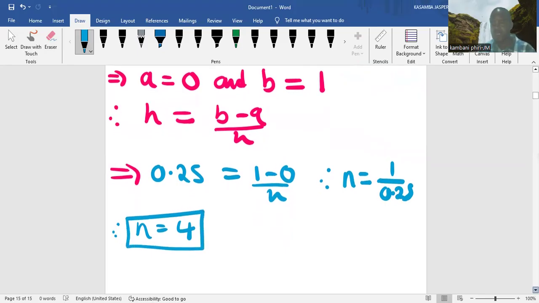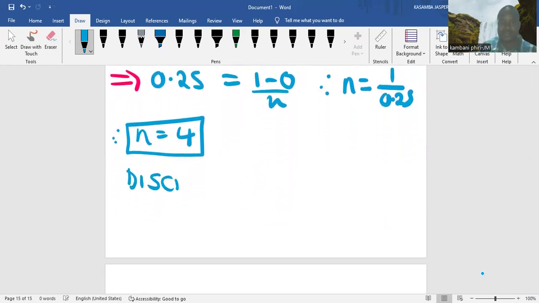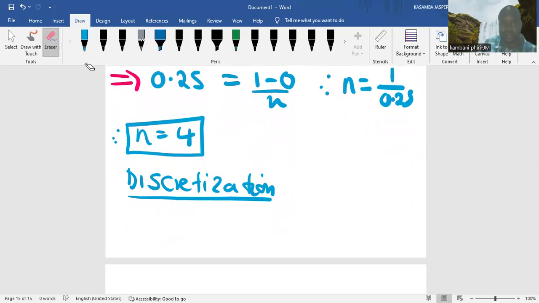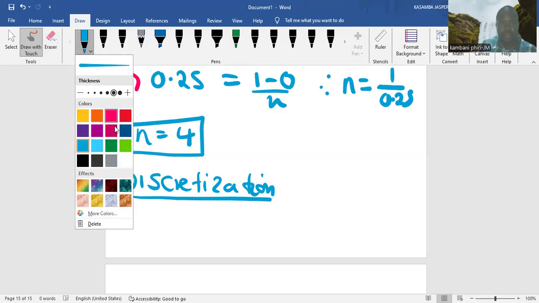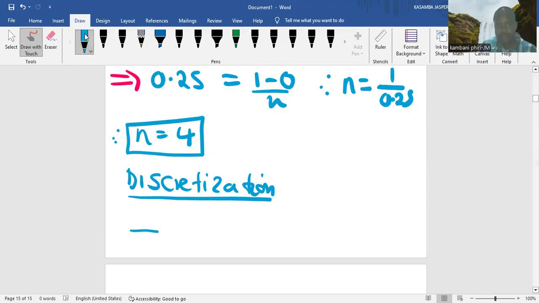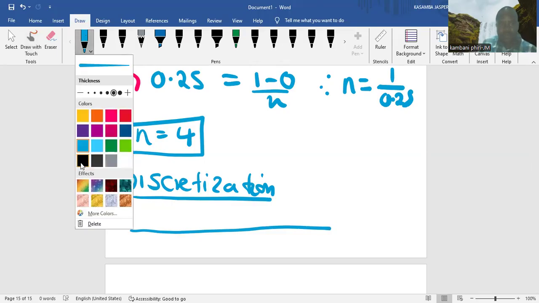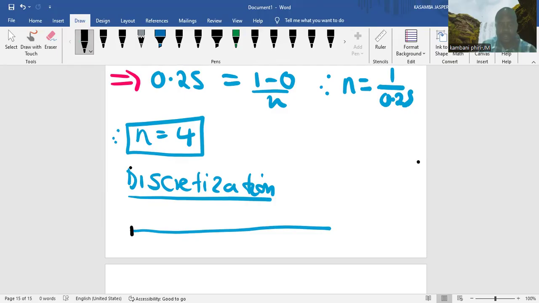Now from here, we discretize the interval. How do we discretize the interval? We are going to start with x naught, which here is 0.